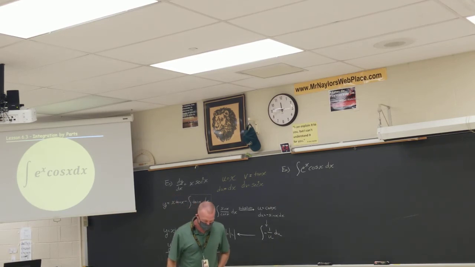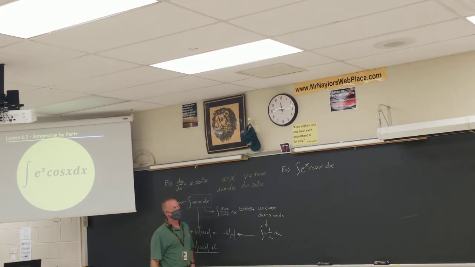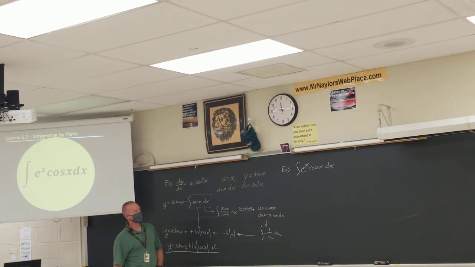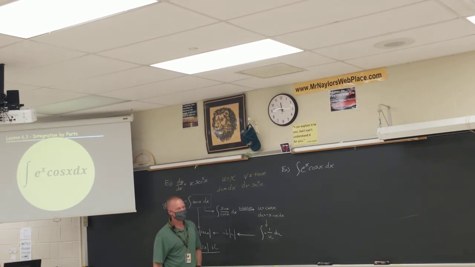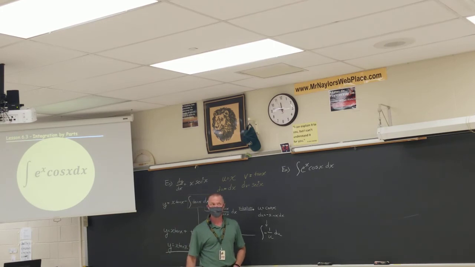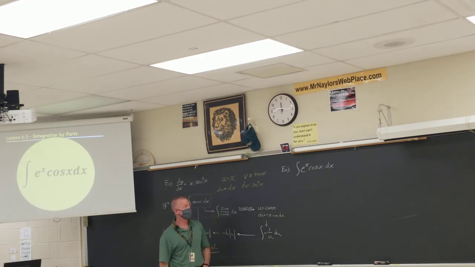Okay, let's find out the antiderivative of e to the x cosine of x. Now, although I cued you in a little bit that there's something circular about this problem, as with how most math works, you can still jump in, you should do what you would normally do.